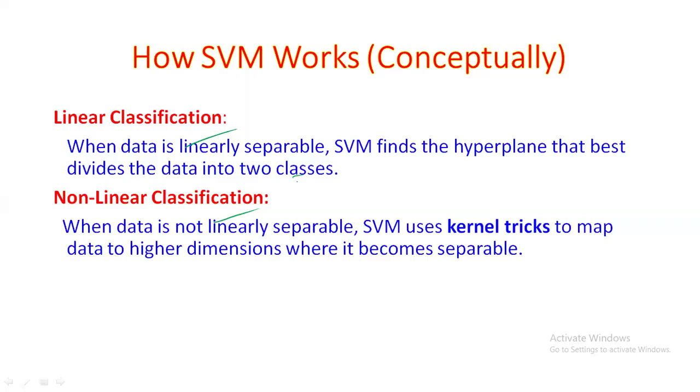In nonlinear classification, in real-world cases, data cannot be separated using a straight line. To handle this, SVM employs the kernel trick to map the data into a higher dimensional space where a linear separator might exist. In that transformed space, the algorithm can find a hyperplane that separates data which would not be possible in the original input space.